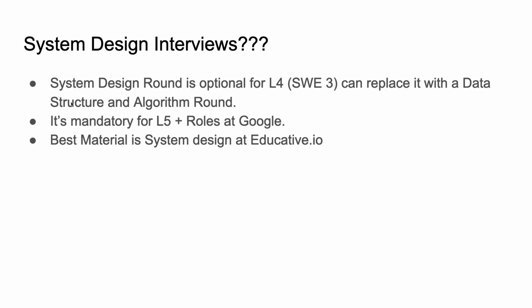You have to explicitly tell your recruiter that you don't want any system design round, and she will be happy to replace it with a data structure and algorithm round. This is also one hidden knowledge. You can utilize it if you're not very sure about your system design round.